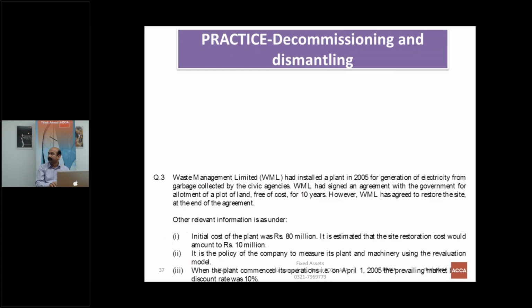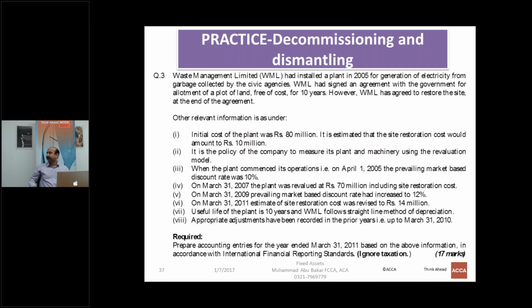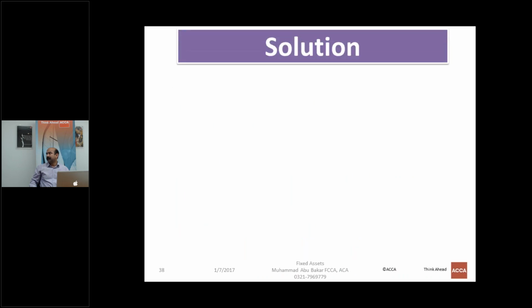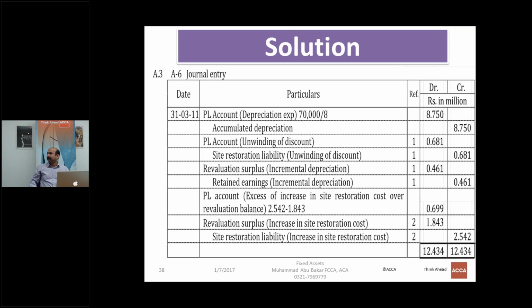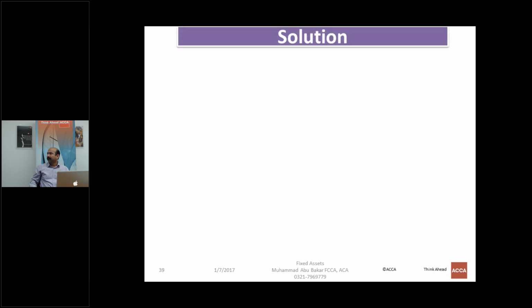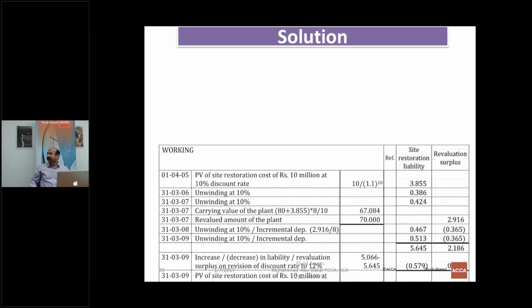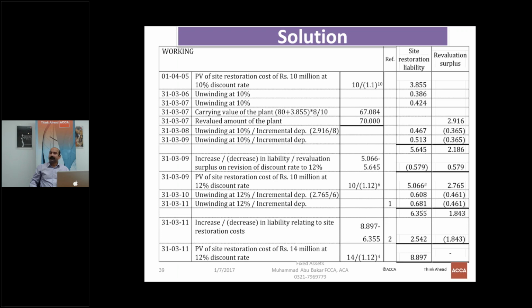This we discussed. And I have included its answer, but in a different format. Anyway, I will be sending you the typed answer of this question as well.